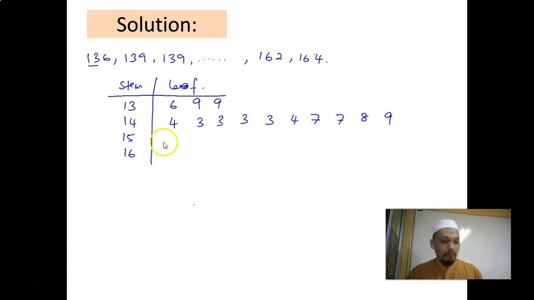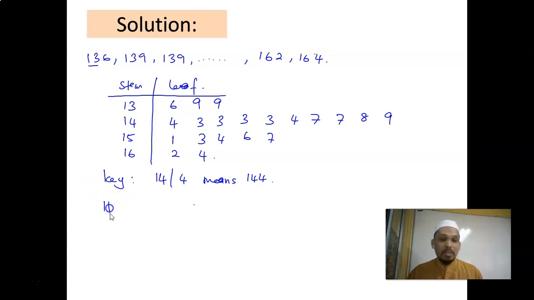Then 151, 153, 154, 156, 157, and 162, 164. So the key here, 14 | 4 means 144 centimeters.